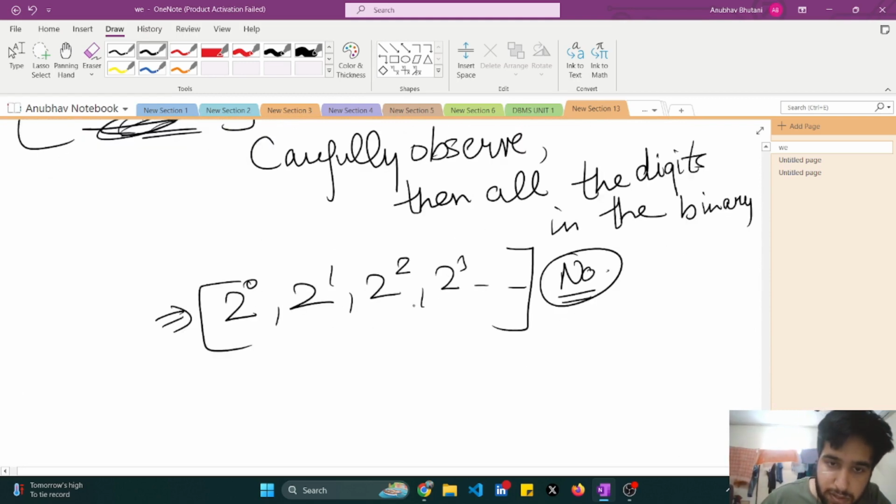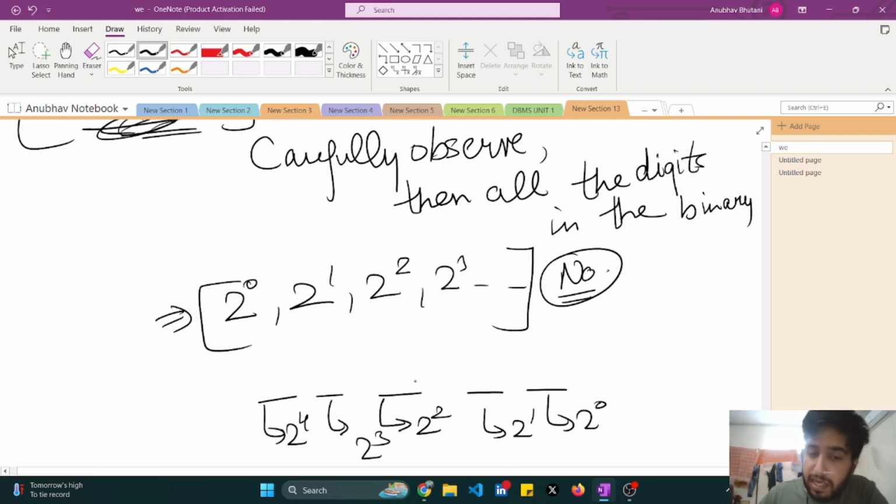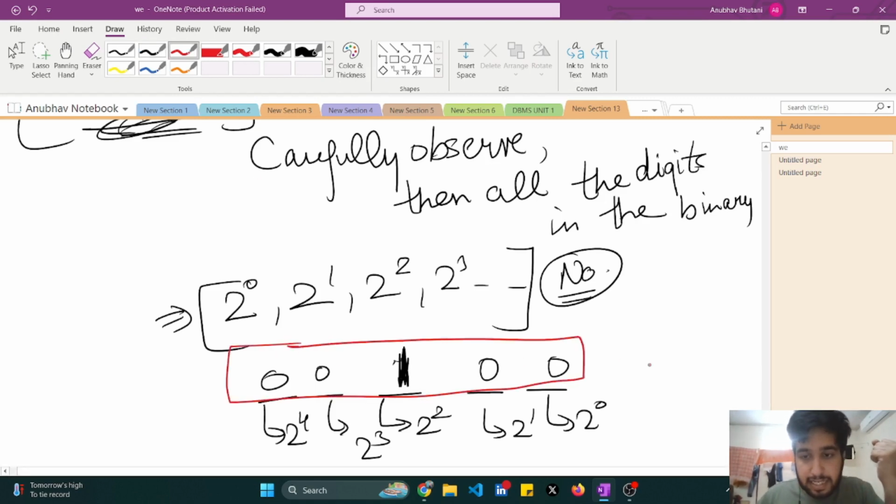So if every digit represents some value of 2 raised to power something, and any one of the digits is turned to 1 while all the others are zeros, then I can simply say that this is my power of 2.